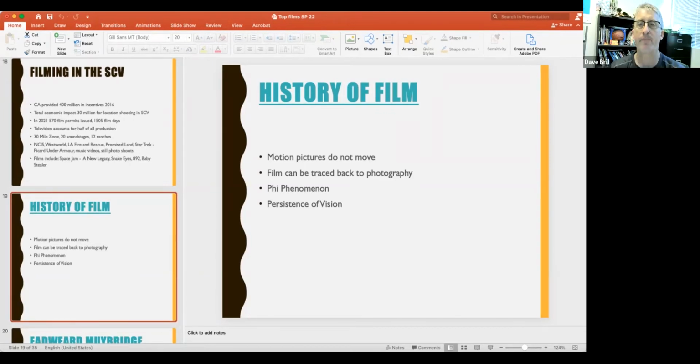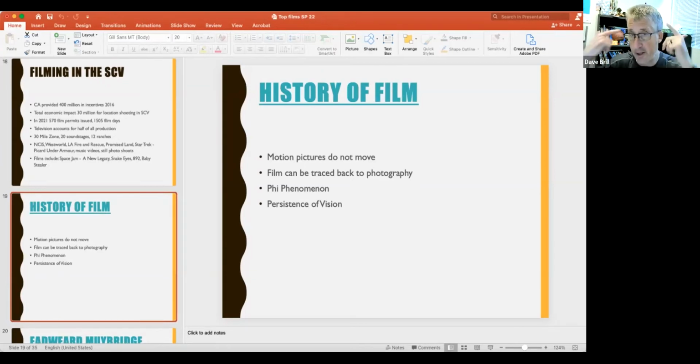Okay, in any event, here's the interesting thing about motion pictures. When we talk about film, we talk about motion pictures, and the interesting thing is that motion pictures actually don't move. They consist of a series of still images that capture the moving object in progressively different positions. When stills are run through a projector at the correct speed, the viewer perceives the illusion of smooth motion.